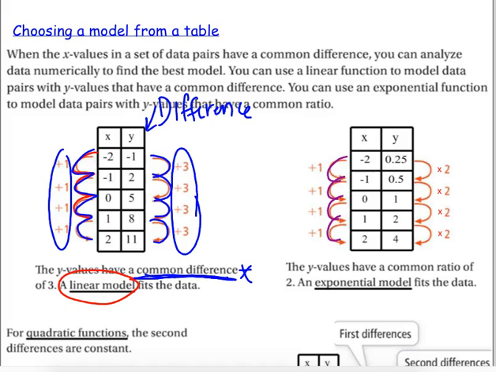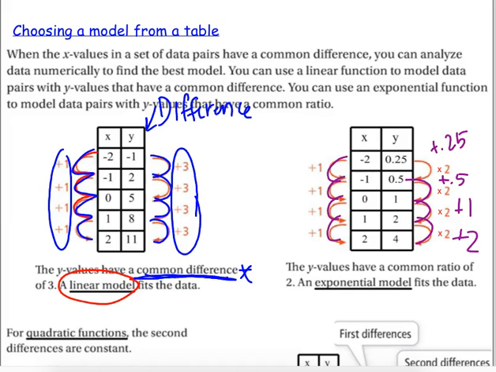In your brain, you can be thinking, well, you're adding 0.25. Okay, that's fine. And then from 0.5 to 1, I'm adding 0.5. And from 1 to 2, I'm adding 1. And from 2 to 4, I'm adding 2. Whoa, that's crazy. What's going on there?